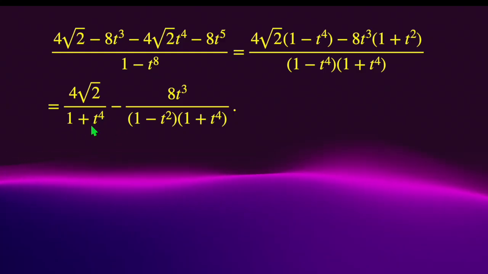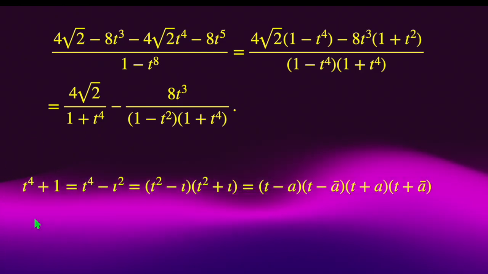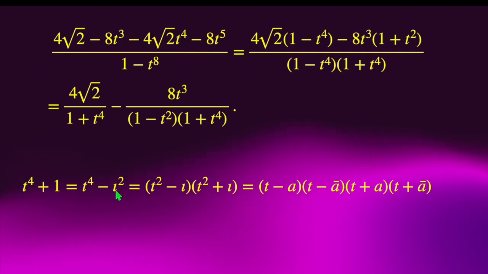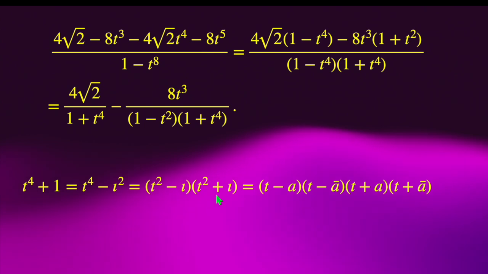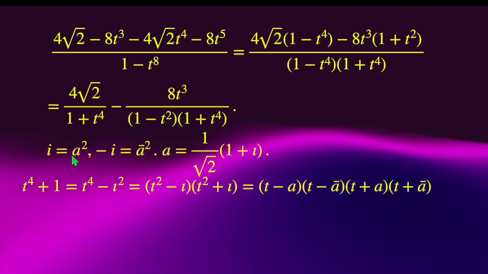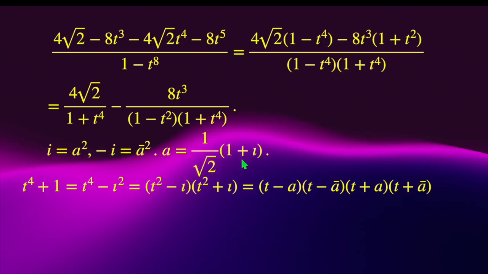First, let's start by factoring this polynomial. We remark that t to the power 4 plus 1 is equal to t to the power 4 minus i squared, and we use the algebraic identity. Now we will find a square root of i, namely a equals 1 over square root of 2 times 1 plus i.